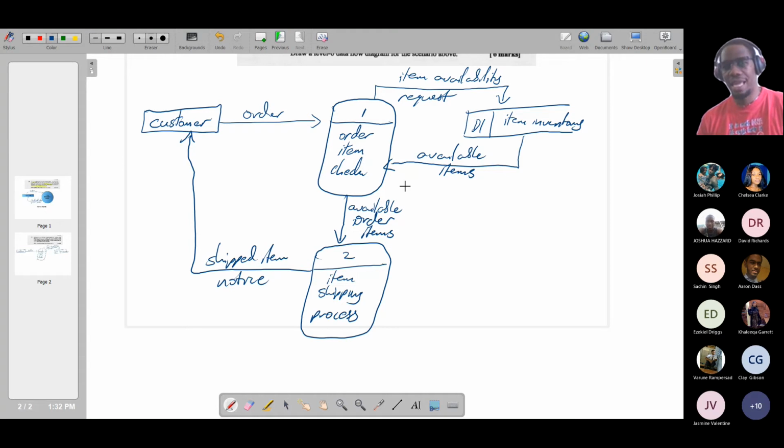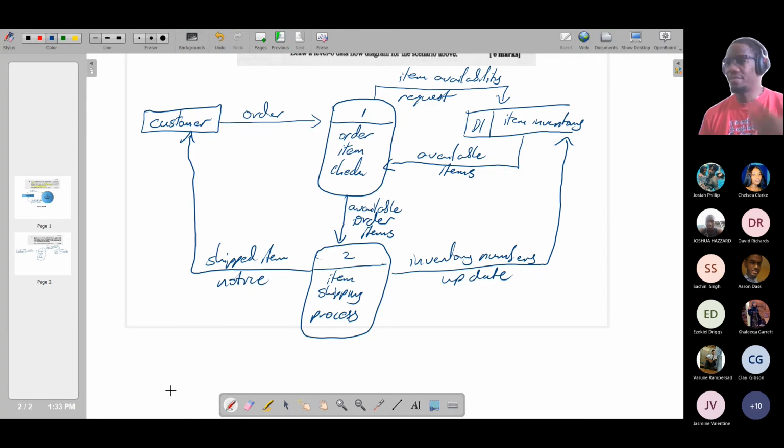And if it is that the item is shipped, then we also have to send an update on the inventory. So we have an inventory numbers update. So we have an update of the amount of items in the inventory.